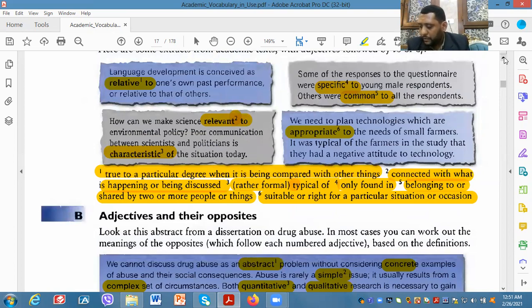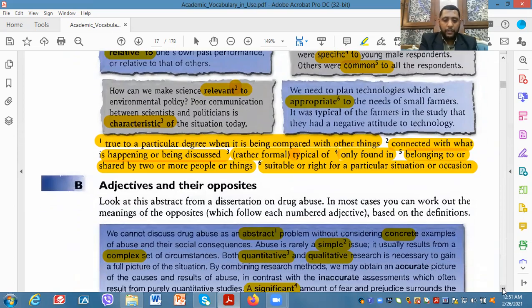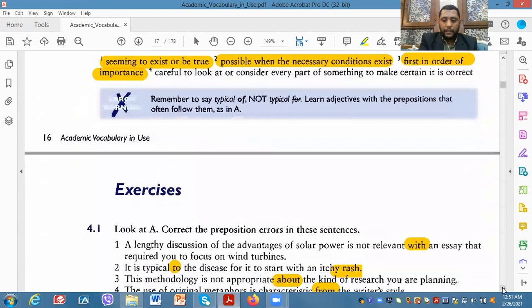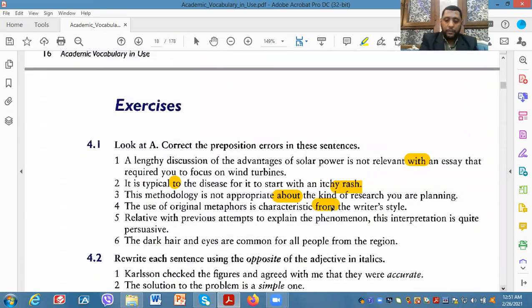Characteristic is the adjective that's followed by of as a preposition. So the sentence becomes: the use of original metaphors is characteristic of the writer's style. Okay, that was number 4.